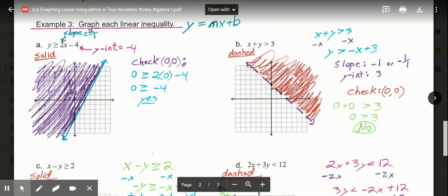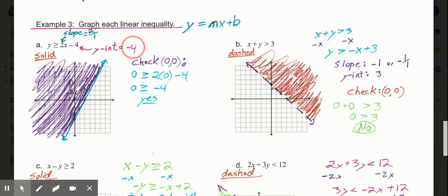So in this case, y is greater than or equal to 2x minus 4. Remember, whatever is attached to x is our slope. So our slope is a positive 2, or 2 over 1. Then whatever is the plus or minus b is our y-intercept. So in this case, our y-intercept is negative 4.